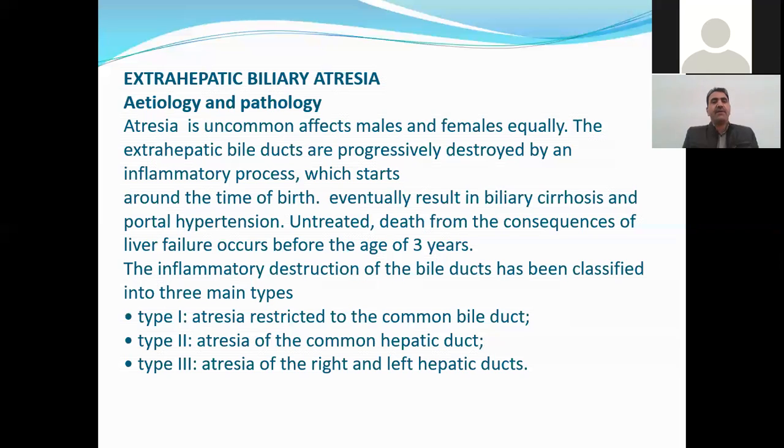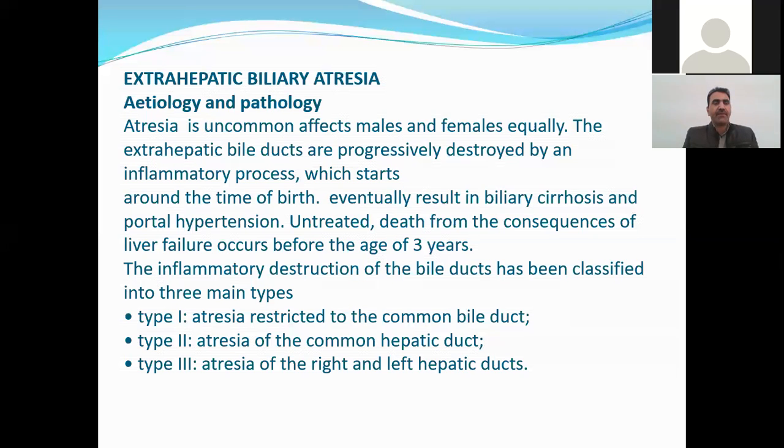Another anomaly is biliary atresia, or extrahepatic biliary atresia. The etiology and pathology of this anomaly is uncommon, and it affects males and females equally. The extrahepatic bile ducts are progressively destroyed by an inflammatory process.